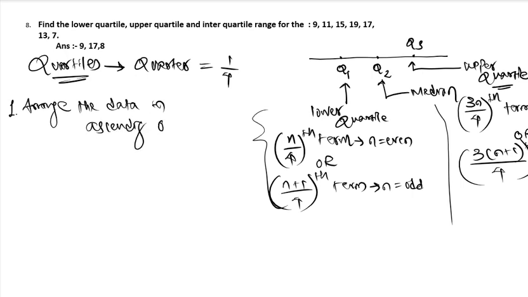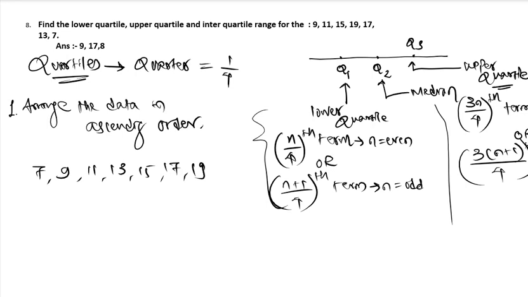I will arrange in ascending order, so let us arrange. Which is the smallest observation over here? 7, then comes 9, then 11, then 13, then 15, then 17, then 19. Cool. So these are the observations in ascending order.